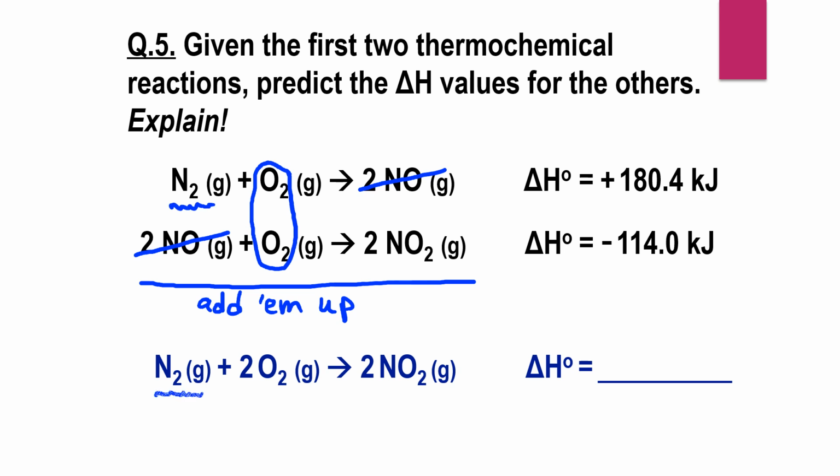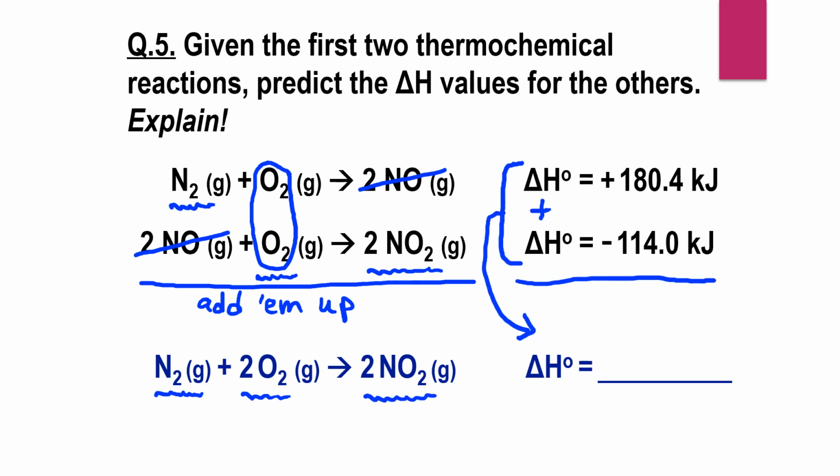Remember, when you have one plus sign and one negative sign, you are just simply going to switch it to subtract. If it's a negative, then you'll have a positive. So in this case, you will have 66.4 kilojoules.